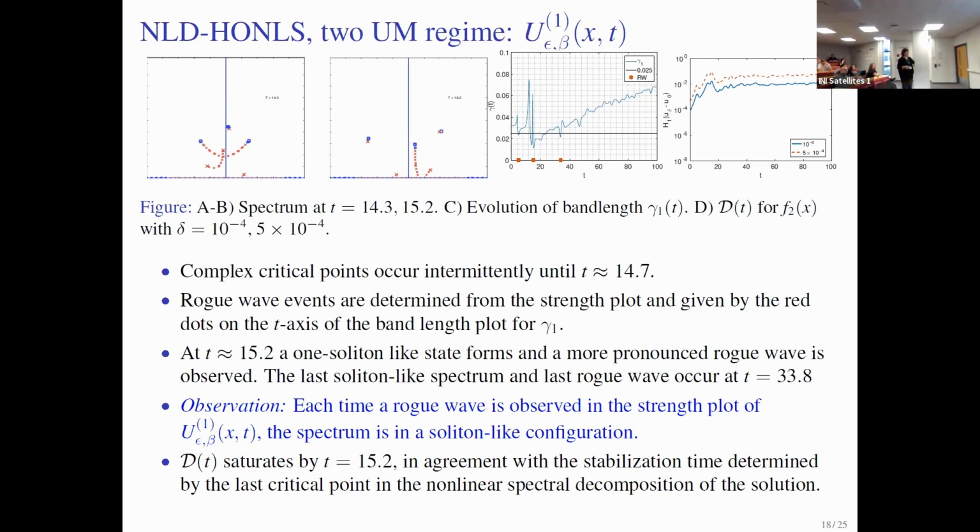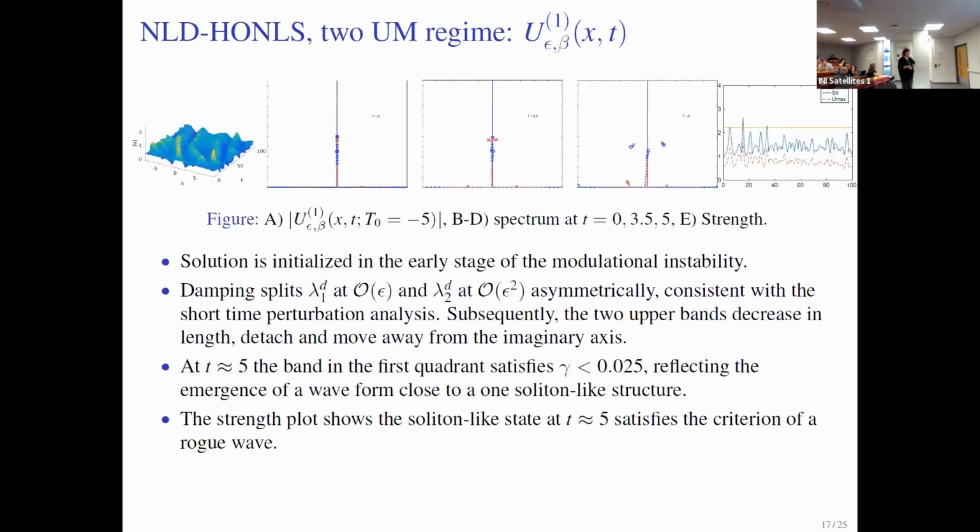And so at this second rogue wave event, I guess I should have mentioned that the red bullets are indicating the times of the rogue waves that we observed in the strength plot. And so for the second rogue wave that appears, if you go back and look at it, you'll see that the strength is larger here on the second rogue wave.